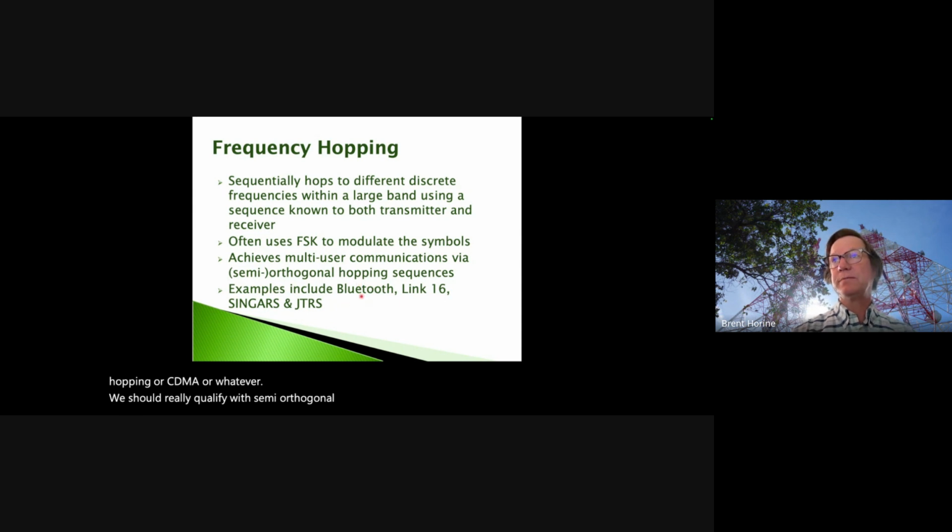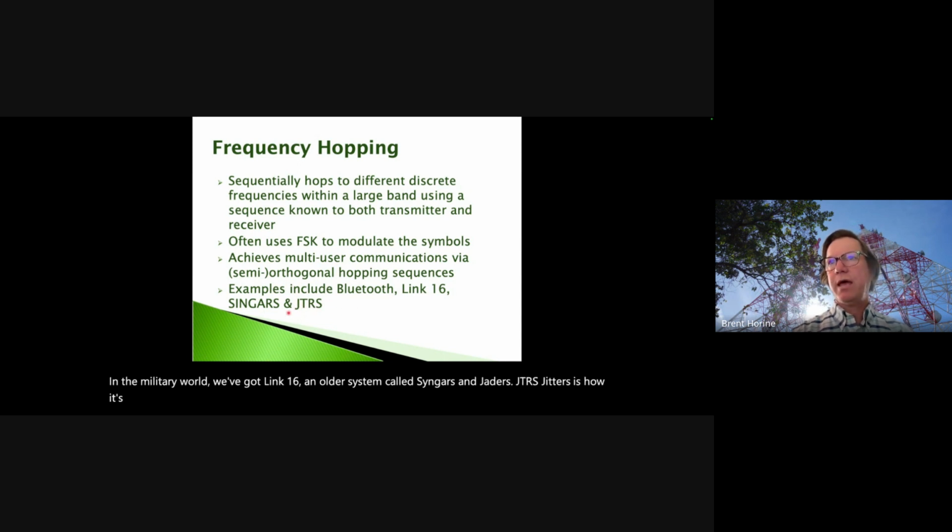But some examples. I mentioned Bluetooth. That's a frequency hopping system. In the military world, we've got Link 16, an older system called SINGARS, and JTRS. JTRS is how it's pronounced, jitters. And that's the Joint Tactical Radio System.